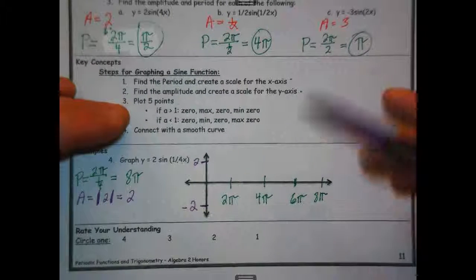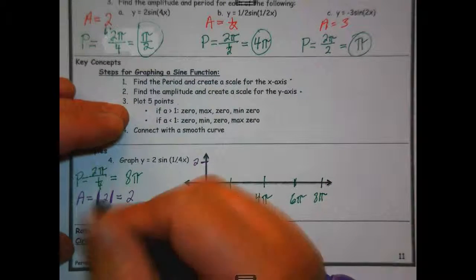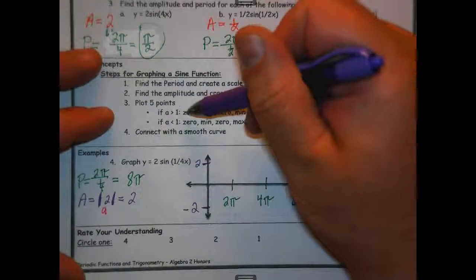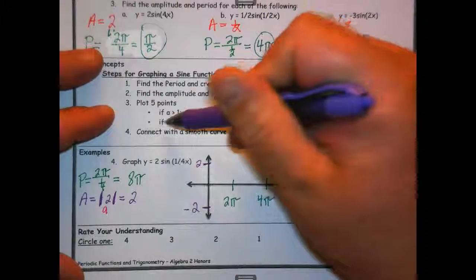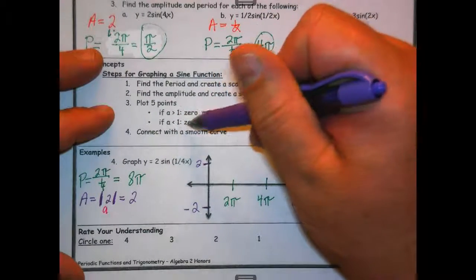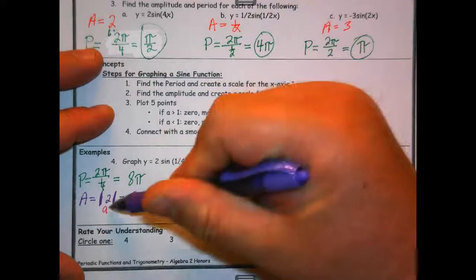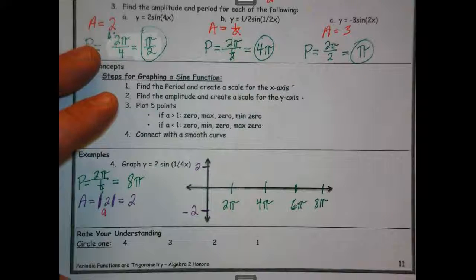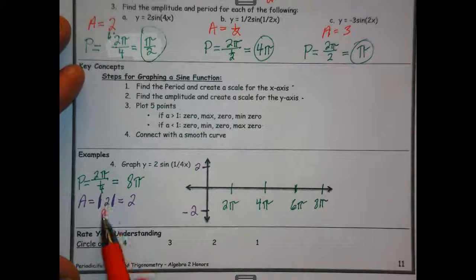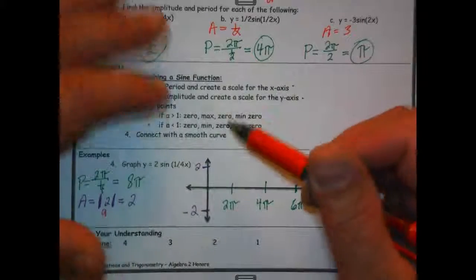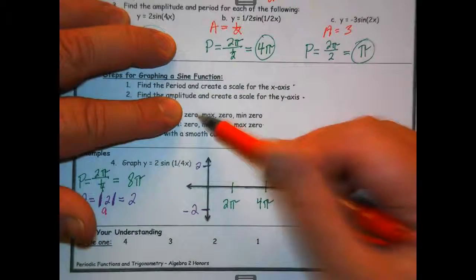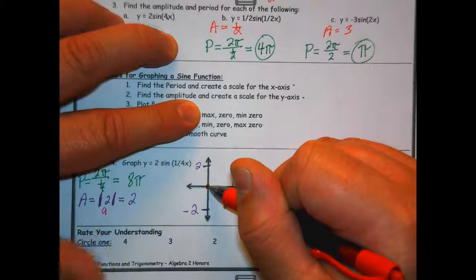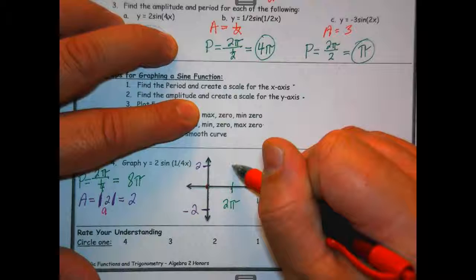Now, little a, this is little a in here. If little a is greater than 1, I'm going to follow this series. If little a is less than 1, I'm going to follow this series. Is little a greater or less than 1? Greater than. So I'm going to follow this one. Put a point at 0. Put a point at max for the next one.